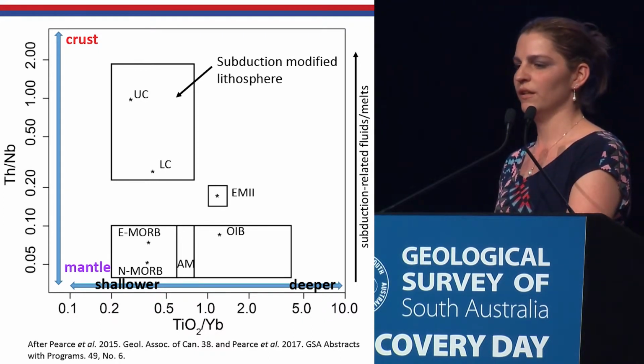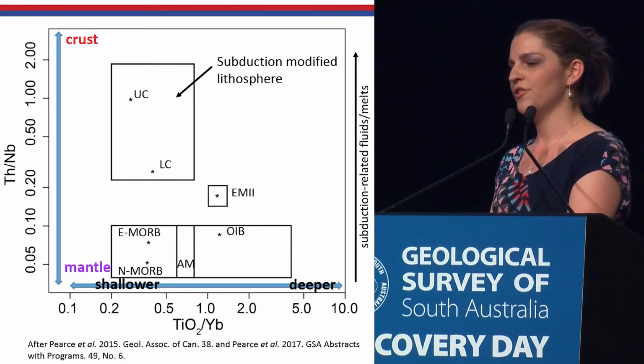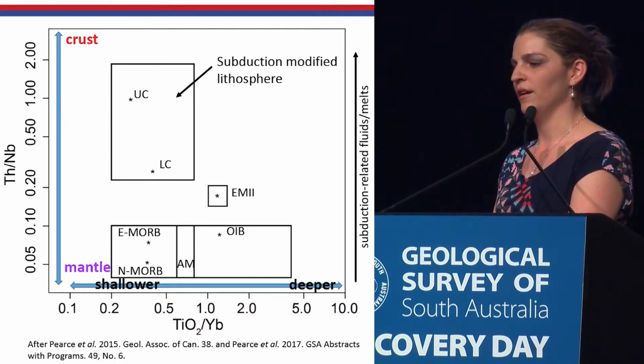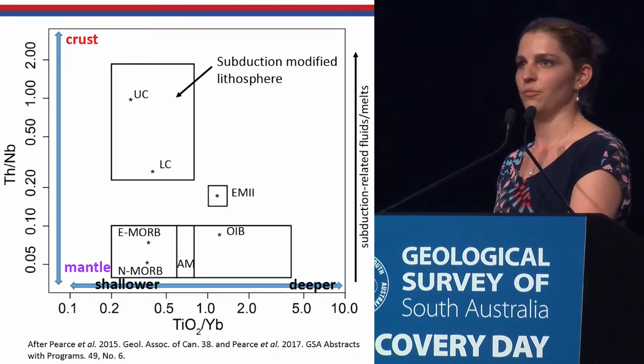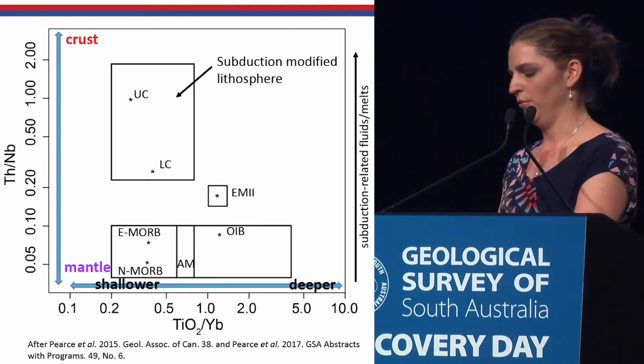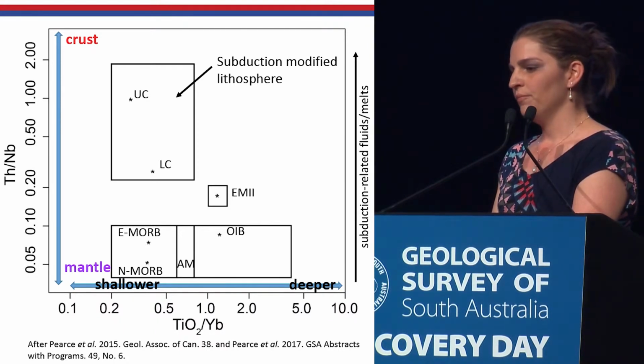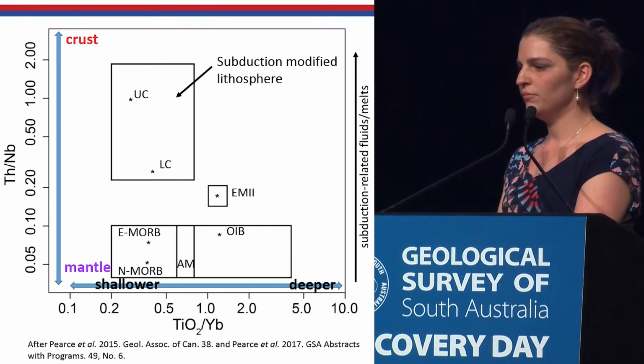But because we tried our best to eliminate crustal contamination, we can interpret these as representing a subducted component in the subcontinental lithospheric mantle. So this is shown by increasing thorium-niobium on the y-axis. Here we have different mantle domains that are defined by these 2 proxies.